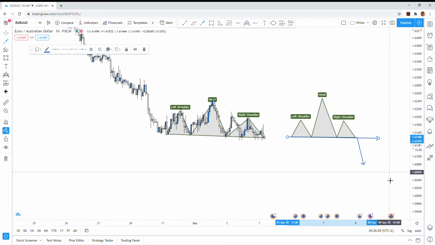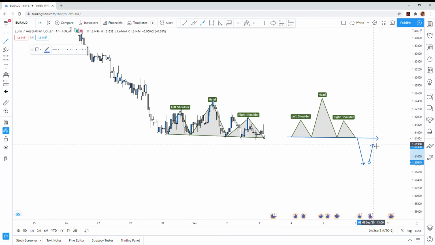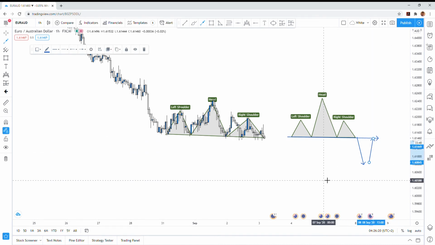This is tip number one to validate the head and shoulders pattern. And if price comes back again to retest the neckline and you get your price action confirmation, then you enter into this trade.